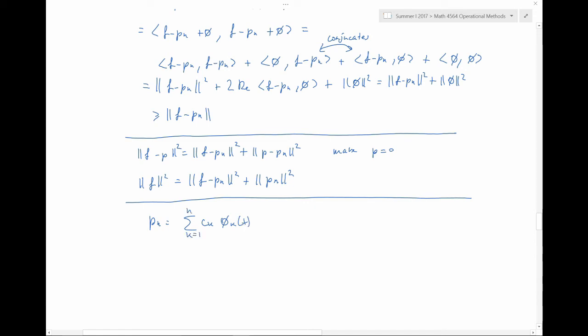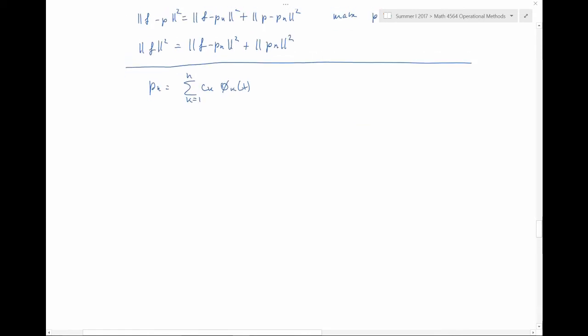So how do we compute these coefficients? Well, we do know that f minus this sum, in inner product with any function from the set, and I can take any basis function, should be 0.